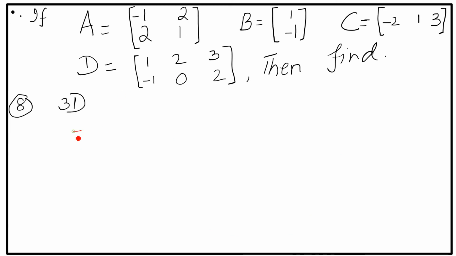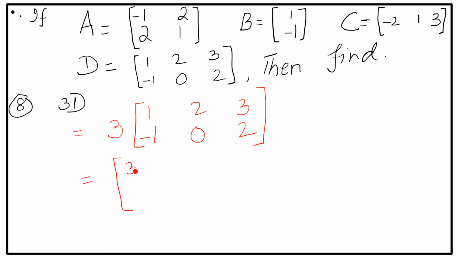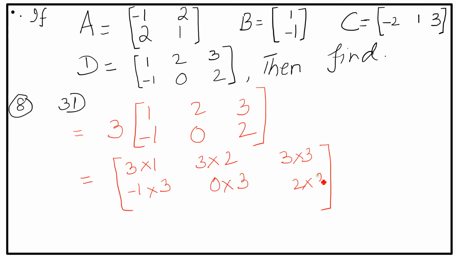3D, 3, 1, 2, 3, -1, 0, 2. You have to multiply each and every element with 3. -1 into 3, 0 into 3, 2 into 3, right?